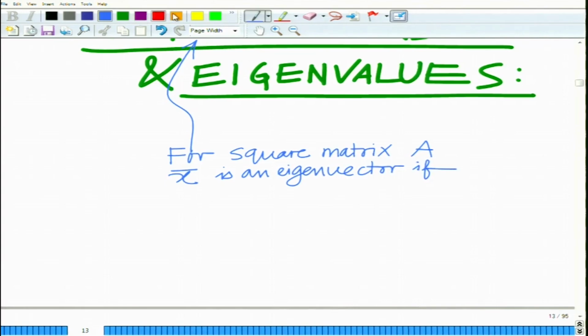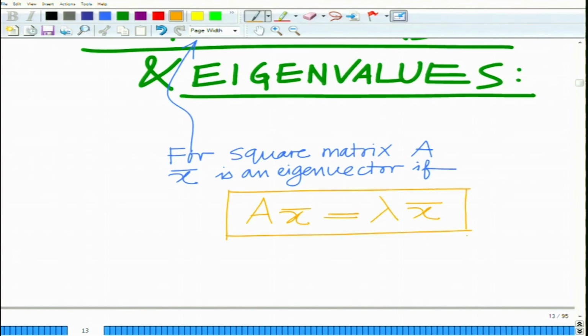if we have A x bar, that is the product of the matrix A with the vector x bar, equals a multiple of, that is lambda times x bar. This is a fundamental equation for the eigenvector.